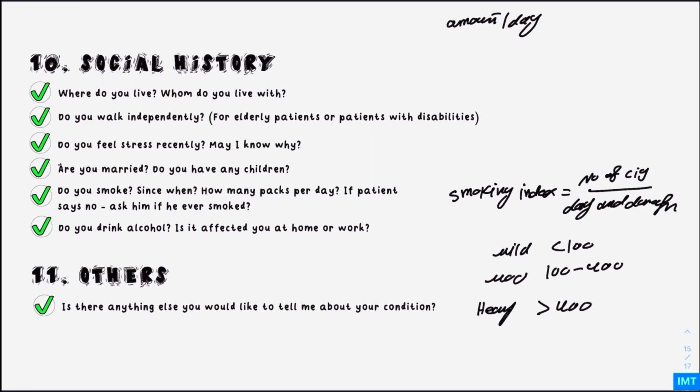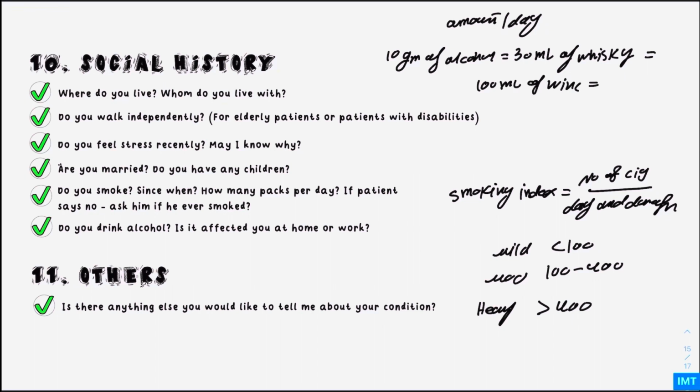Always remember 10 grams of alcohol are equal to 30 ml of whiskey, also equal to 100 ml of wine, which is equal to 250 ml of beer.